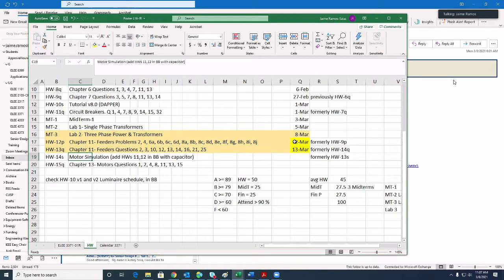Homework 12 is due Friday, and the 13th is due Saturday. Then next week is spring break.